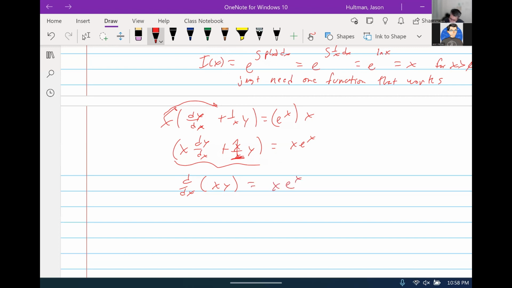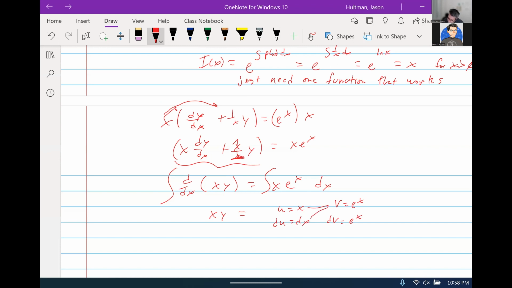To both sides, I want to integrate. That means that I have xy is equal to the integral of this thing. That's a very nice integration by parts, like I said. u is equal to x, dv is equal to e to the x dx, v is equal to e to the x, and du is equal to dx.